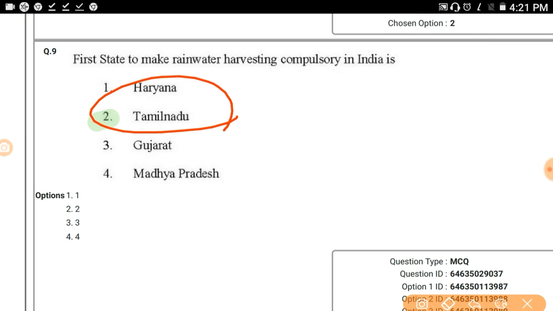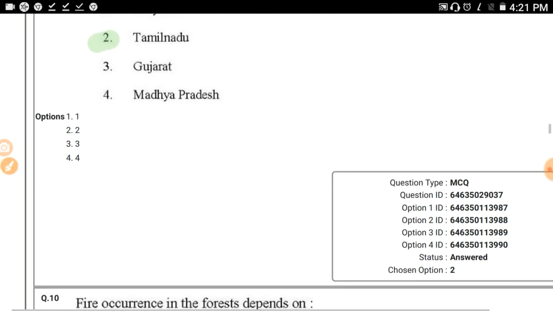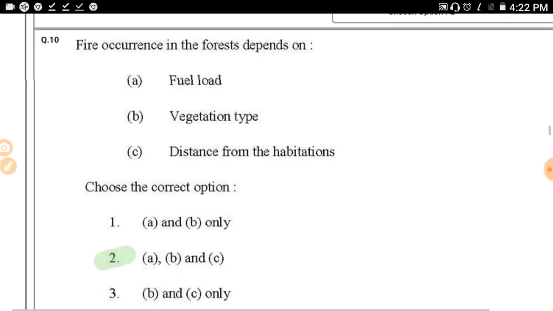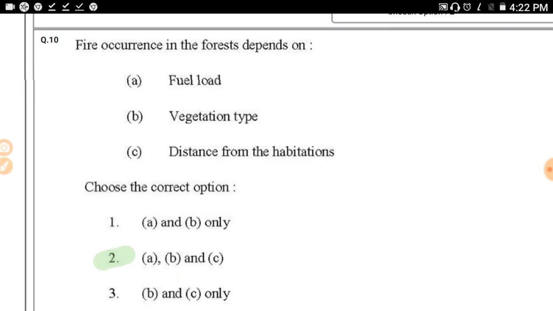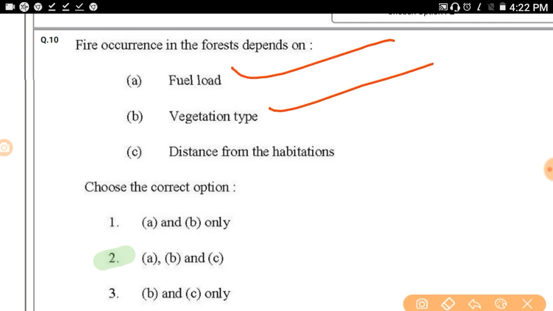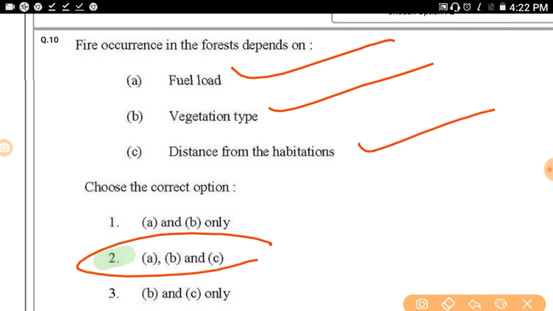Okay, Tamil Nadu is the state where rainwater harvesting is compulsory now. Next, fire occurrence in the forest depends on what? Fire occurrence in the forest depends on fuel load, vegetation type, distance from the habitation. So, right answer is A, B, C, second option.